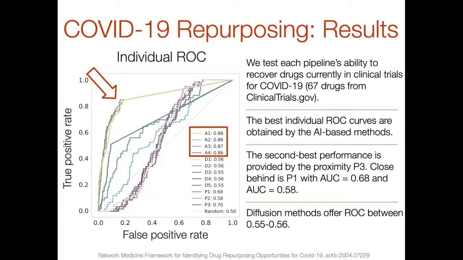Because of that, we used clinical trial data, a set of clinical trials on COVID-19, as a very rough proxy to get some insight into whether our individual pipelines, based on graph neural networks, diffusion pipelines D1 to D5, and proximity metrics, are able to make predictions that put at the top of our ranked list those drugs that the research community thinks are currently promising or worth exploring in clinical trials.